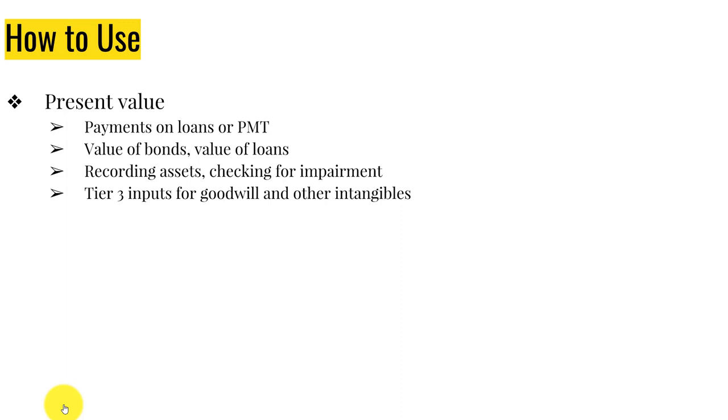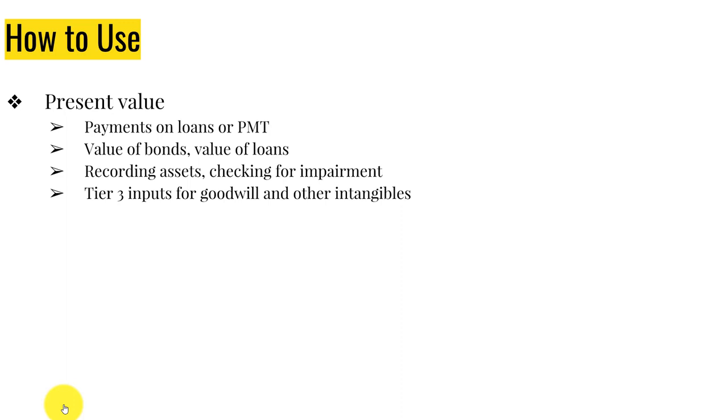We also apply that same idea to our assets when we're checking for impairment. An asset is going to have future cash flows, sometimes based on being able to rent out that asset, but also because there are savings from having that asset or that license or patent.